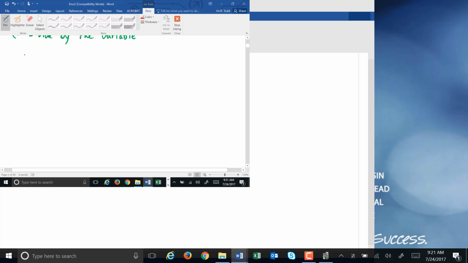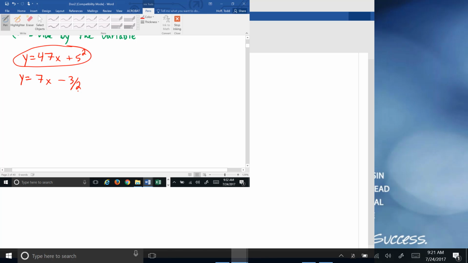So let's try some here. Will that be a line or no? But there's a power in it. Not on the variables. Yes, that is a line. How about that one? That is a line.